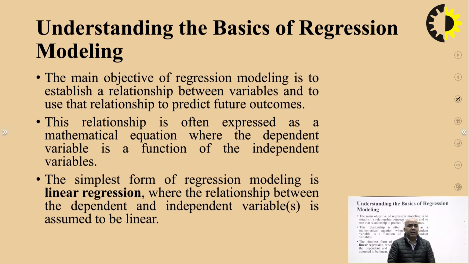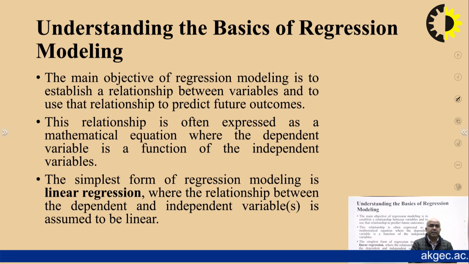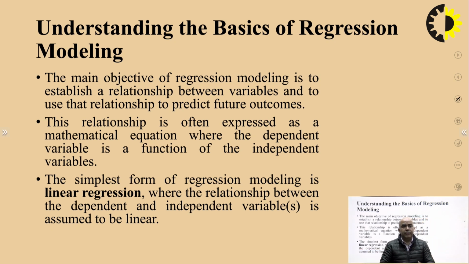The main objective of regression modeling is to establish a relationship between the variables and to use that relationship to predict future outcomes. These relationships are often expressed in the form of mathematical equations, where the dependent variable is a function of the independent variables. Generally, we use y = mx + c, and we add the error.